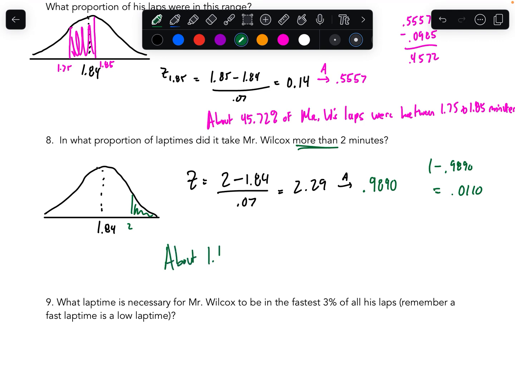About 1.1% of Mr. Wilcox's laps were longer than, or more than, or took longer than, I'll say that.